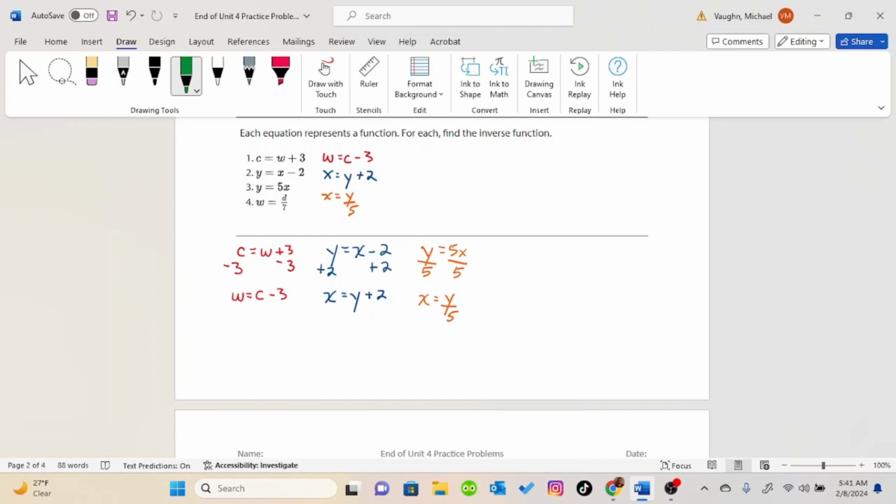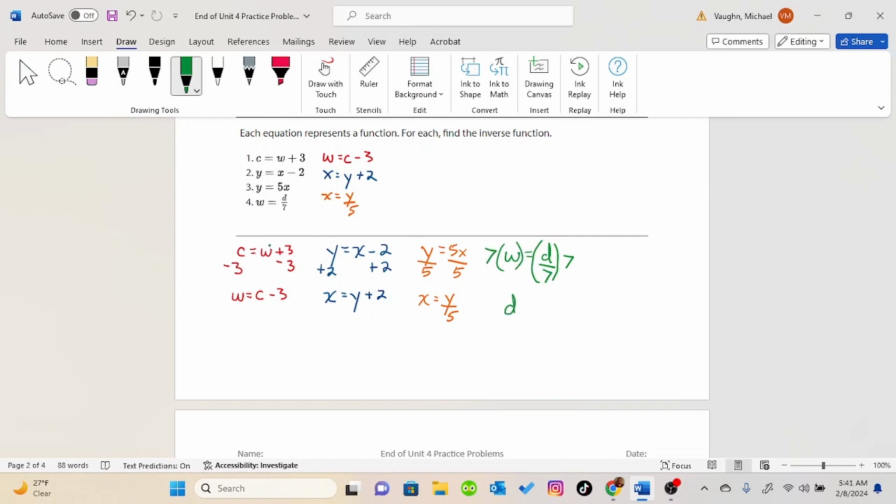And number 4, we have w equals d divided by 7. The opposite of division is multiplication. So if I multiply the right by 7, I must multiply the left by 7.